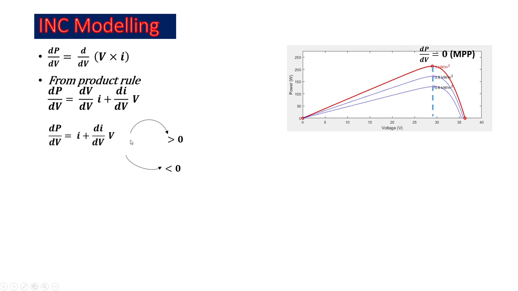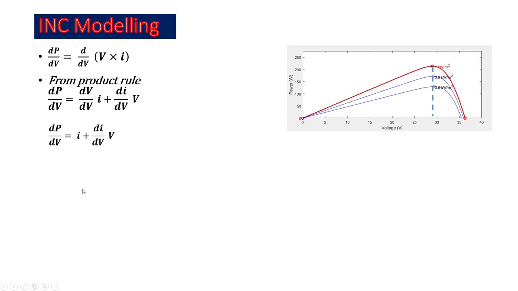Then when this equation becomes 0, it is operating at the maximum power point. I hope you understand that. So at the maximum power point, dP divided by dV is equal to 0.